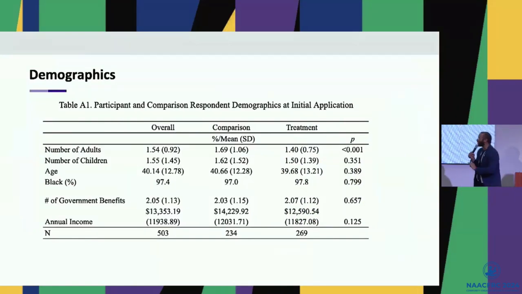All right, and I'm going to spend a little bit of time here in regards to our demographics. What I want to really point out and ensure that we understand is that over here in this third column is our treatment. And so those are the 654 women that were actually in our program receiving guaranteed income. However, what we compared that to is that we had a significant number of women apply for the program.